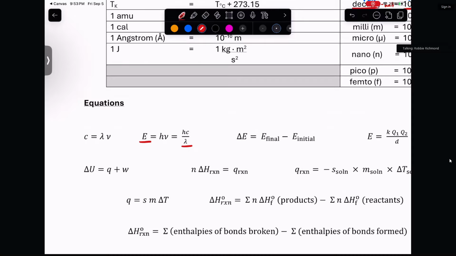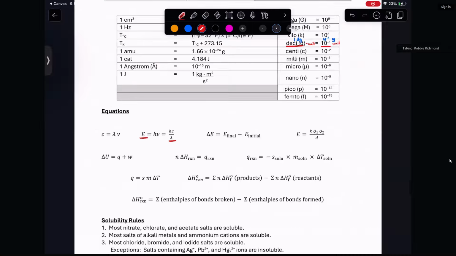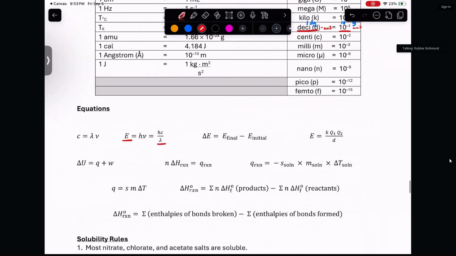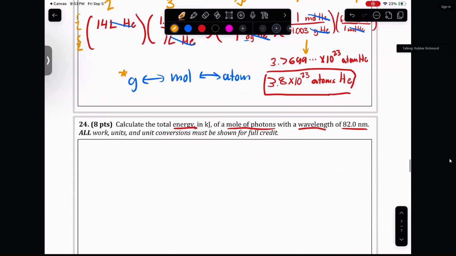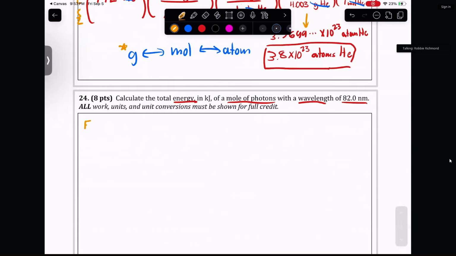And what I'm demonstrating here is, when in doubt, look at your equations in the exam information sheet. Maybe there's something that you can find that's going to be useful for the equation, or that's necessary to find the answer. Equation we're going to be using is E equals hc over lambda. And lambda is wavelength. Cool.